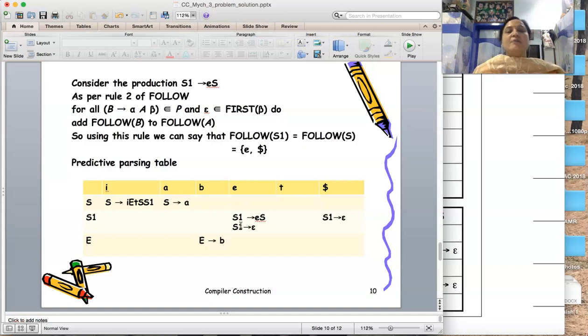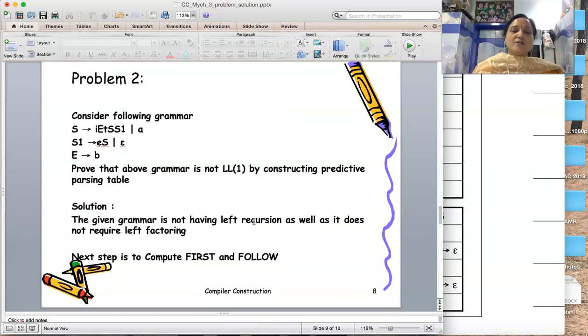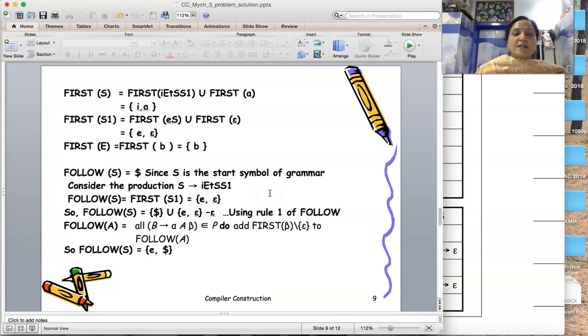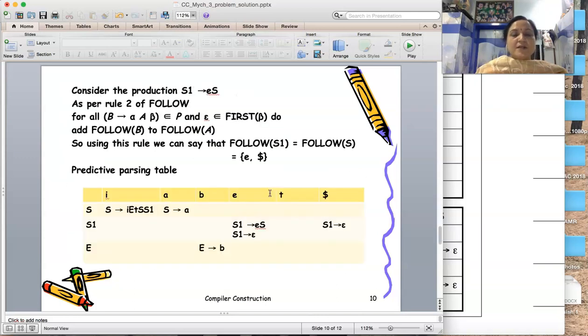So whenever there are multiple entries in a parsing table, the grammar is not LL1. So what can be the answer to the question: prove that the grammar is not LL1? What justification can you write? The parsing table constructed by the LL1 parser generates multiple entries at a single location, so the grammar is not LL1.